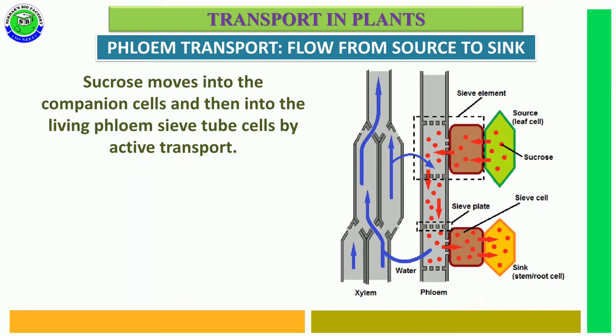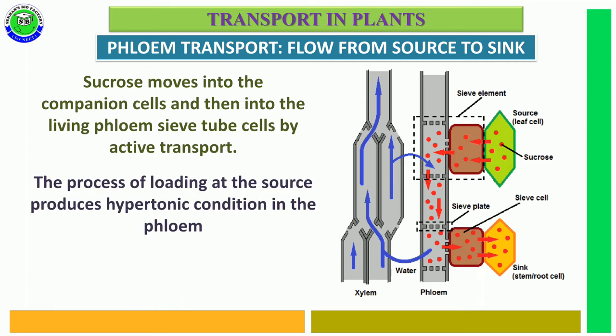Because sucrose is already present in the phloem sap, it is not transported by concentration gradient; rather, against the concentration gradient, sucrose is loaded into sieve tube cells by the active transport method, utilizing ATP energy.